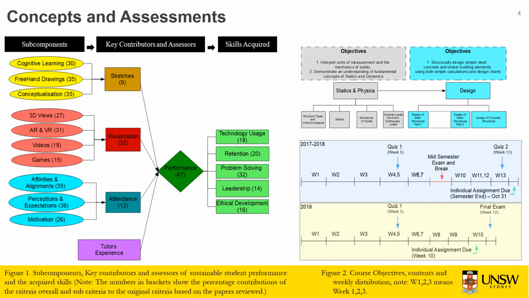For this purpose, the course was divided into two main components, that is statics and physics and design. In the statics and physics, the focus was on structure types and units of measurements, statics, mechanics of solids, general loads, wind and earthquake loads. For the design section, the focus was on design of steel structure and design of concrete structure.